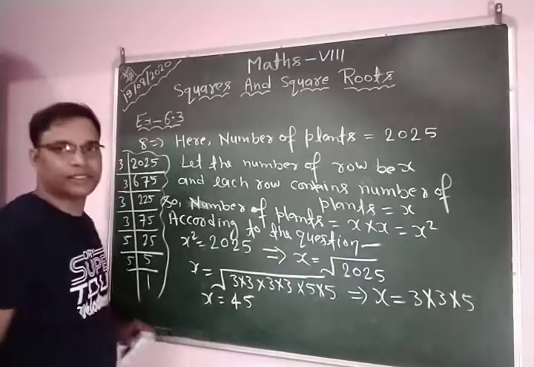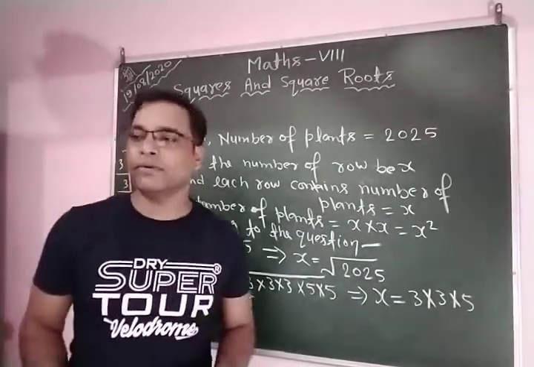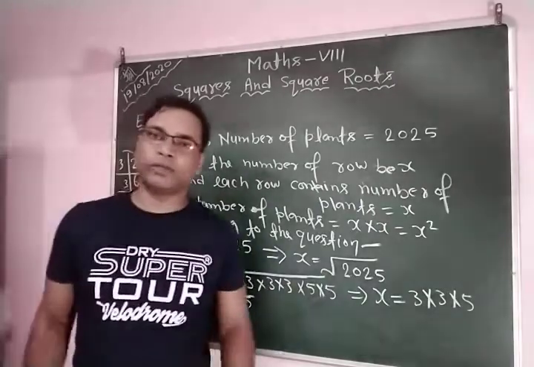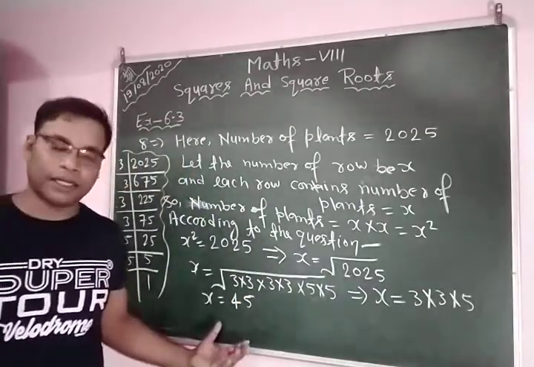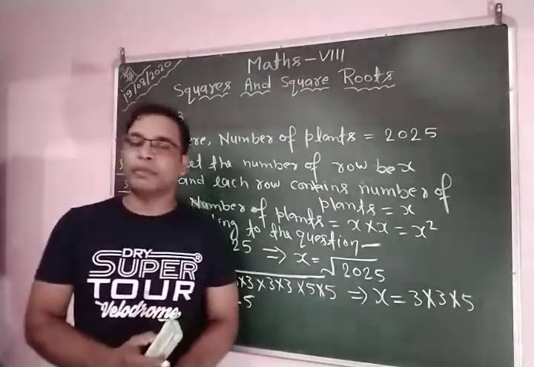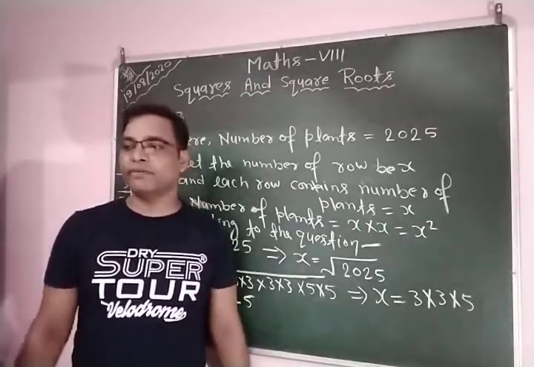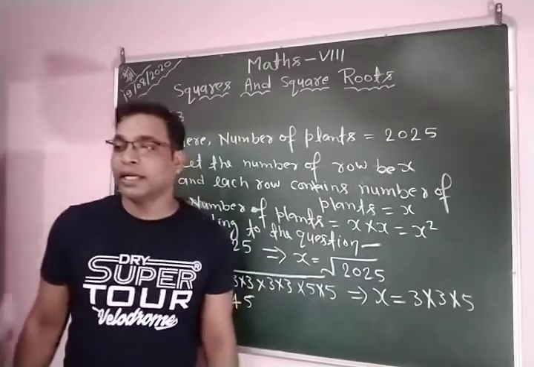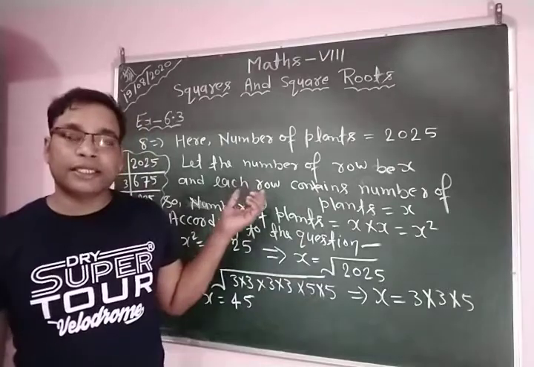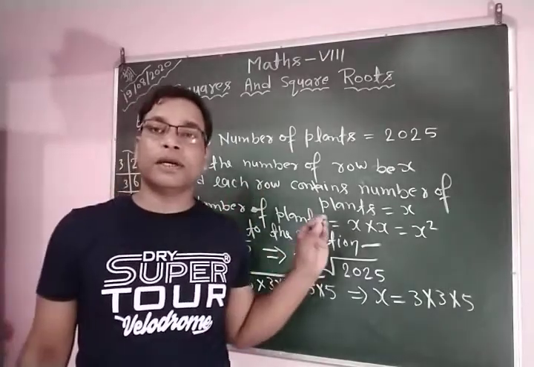So what is x? We let the number of rows be x. Here you find this is equal to 45. It means that the number of rows is 45. Again we need to find the number of plants in each row, and we also let the number of plants in each row be x.